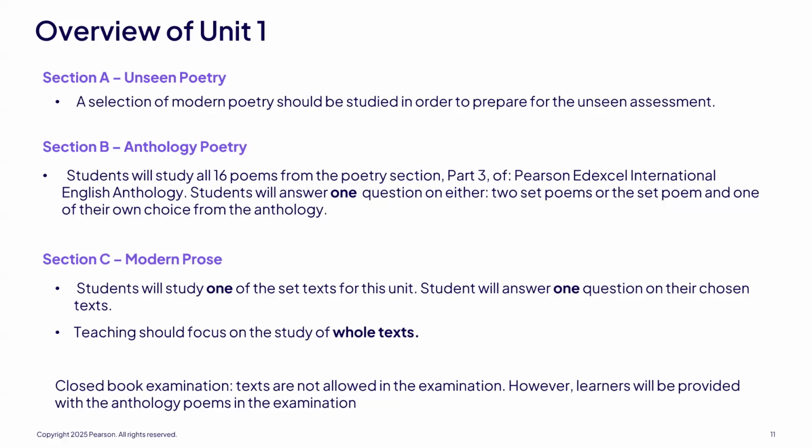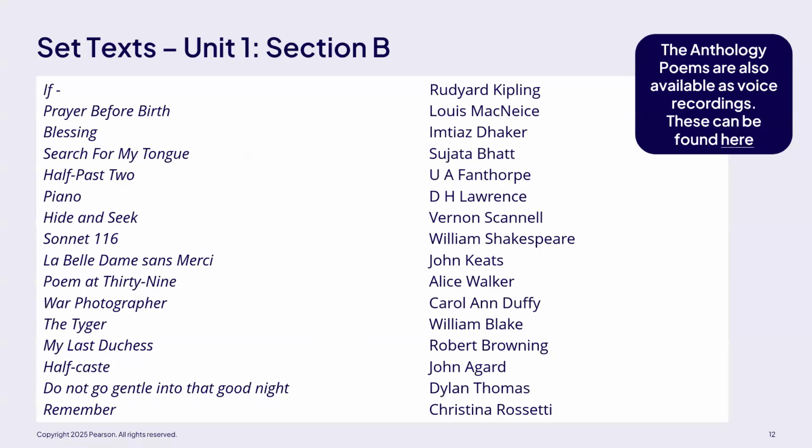So looking at the anthology poems, these are the 16 poems, and there are voice recordings that are available on that hyperlink that can be used obviously in the classroom.